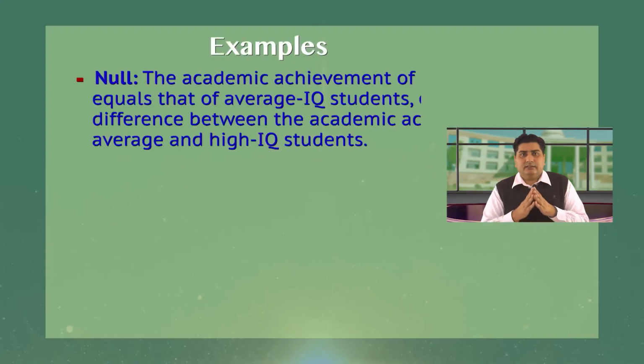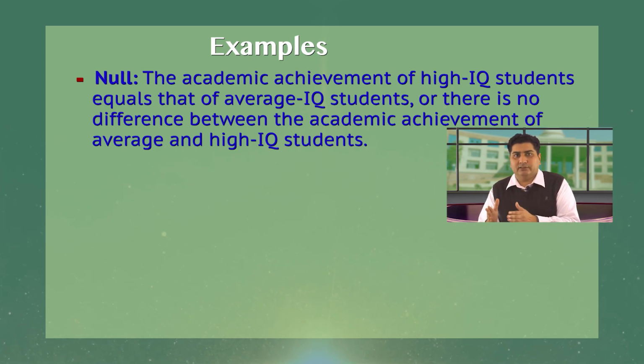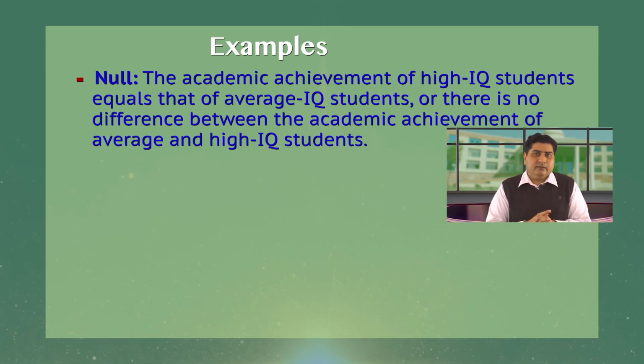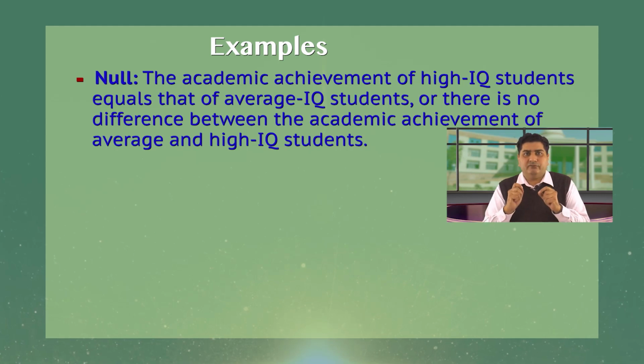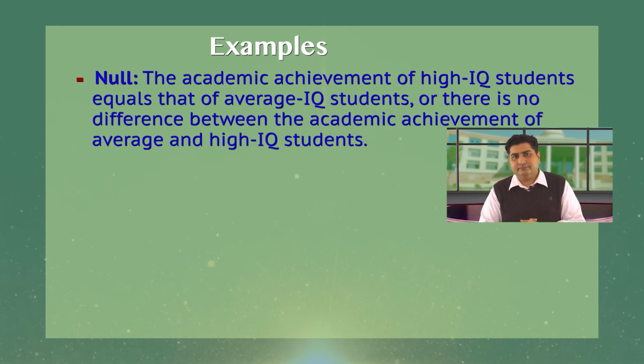Say there is a null hypothesis: the academic achievement of high IQ students equals that of average IQ students. Or I can say it in this way, that there is no difference between the academic achievement of average and high IQ students.